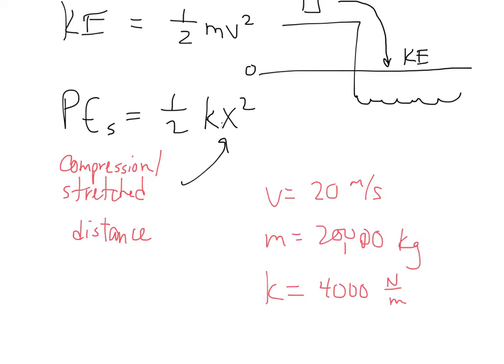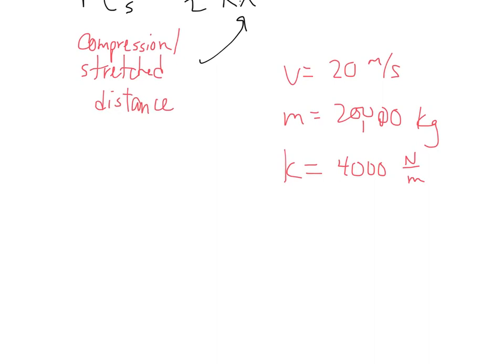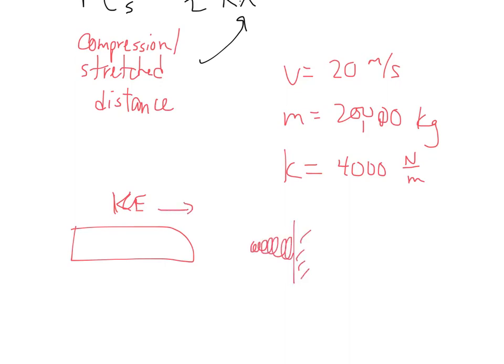So for a problem like this, if we look at our givens, we think back to the problem that when the train is moving, it's got kinetic energy. It's moving that way. It hits this coiled up spring that's adjacent to a wall, and when it hits the spring, it stores the energy in the spring like that. Eventually, when the spring stops compressing, what has to happen for that train car?